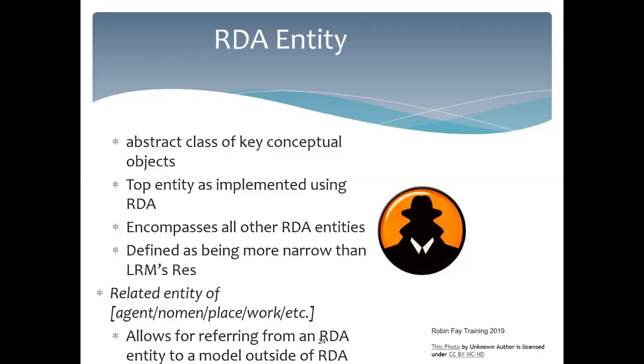By creating this RDA entity and plugging us into the library reference model that way, they're creating that philosophy of sharing and being more interoperable just by the framework and the hierarchy itself.